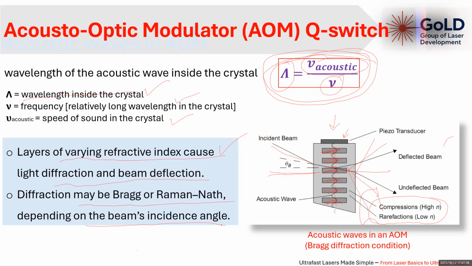When the transducer is working, this quartz crystal acts like a diffraction grating. Then there are two kinds of diffraction that may occur. Like you can see here, this is Bragg or Ramannath. So it depends on the orientation of the quartz crystal and your beam.